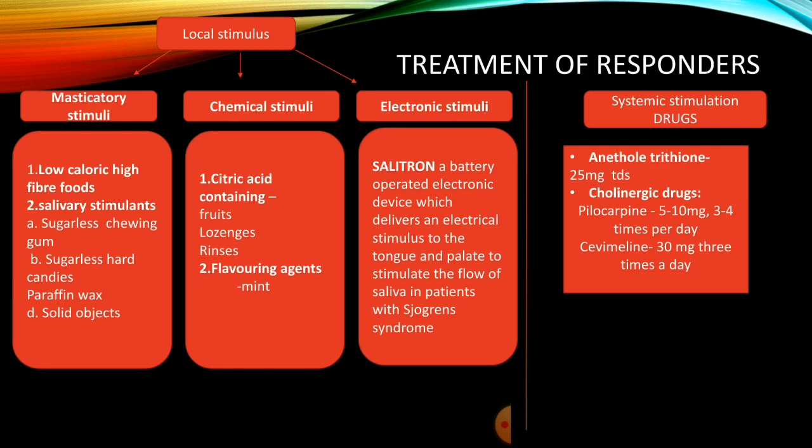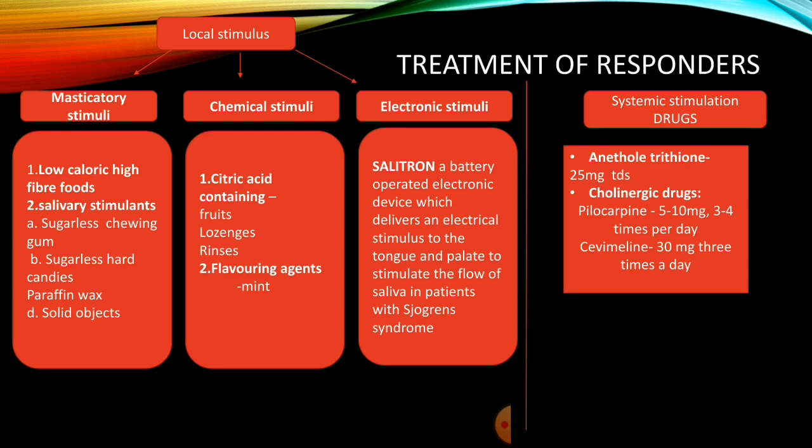In chemical stimuli we have citric acid containing fruits, lozenges and rinses, and flavoring agents such as mint. For electronic stimuli, an example is Salitron, a battery operated electronic device. It helps in the secretion of saliva from the salivary glands with the help of electronic current.